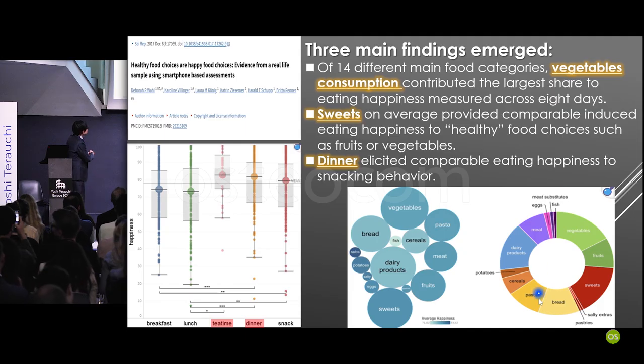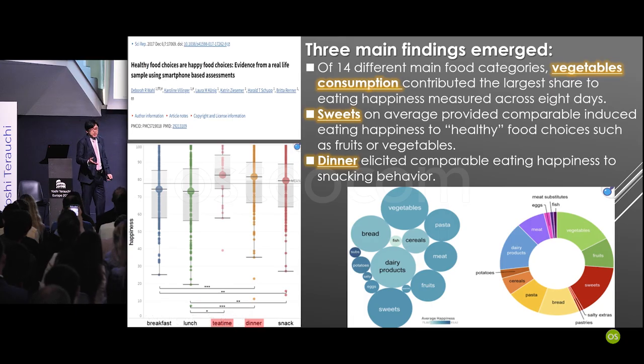And look at this. This is dinner, tea time, lunch, and breakfast. If you spend more time in dinner time, you will have more happiness. So when your patient is depressed, advise the patient to take more time in dinner time.